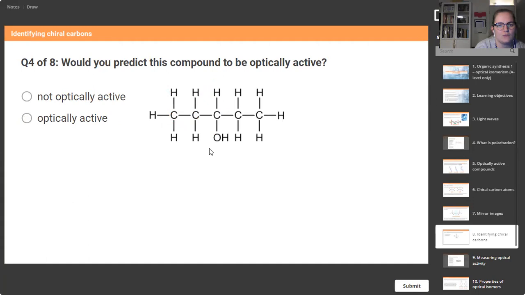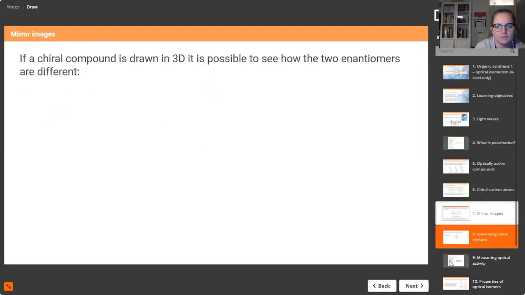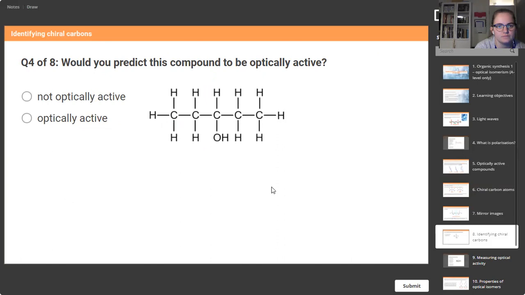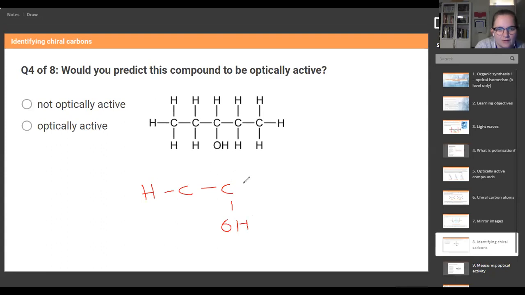This one again, would it be optically active? Actually, let me go back a second. One sec. I'm just going to draw underneath it. So I just realised I didn't count something properly on the other one. 1, 2, 3, 4, 5, yeah.